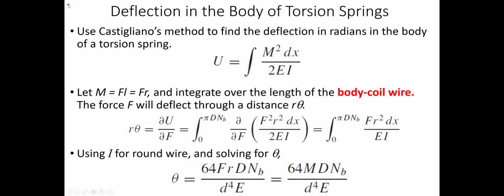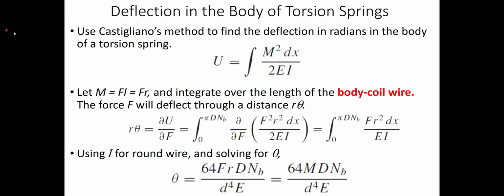This torsion spring is subjected to bending stress, so what is the energy for bending stress here? U equals the integral of M squared dx over 2EI, right?